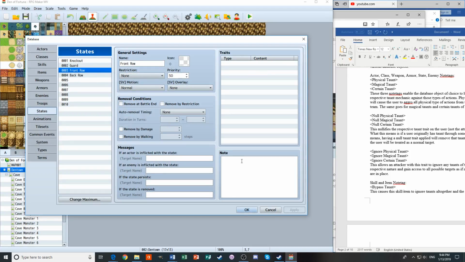So now what we're going to do, state front row. Front row is going to be a physical taunt. Apply.